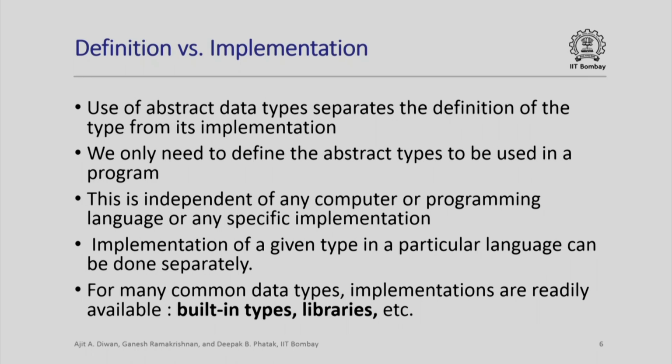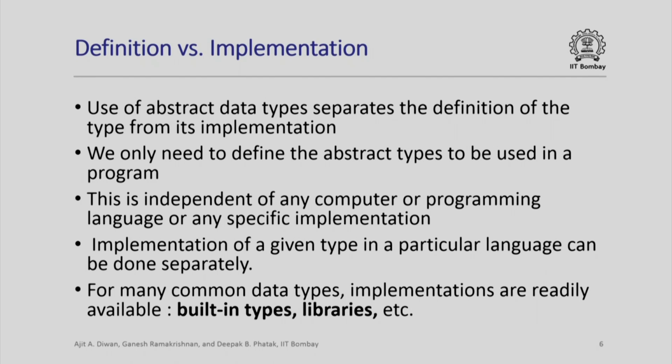You only need to know that this type has this set of values and these are the operations that can be performed on it, and you use those operations and these values as implemented without actually worrying about how it is done.